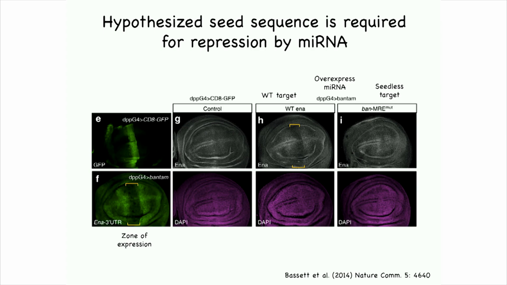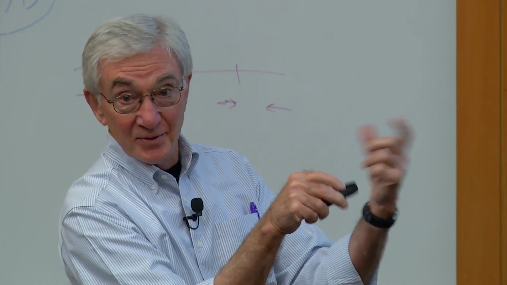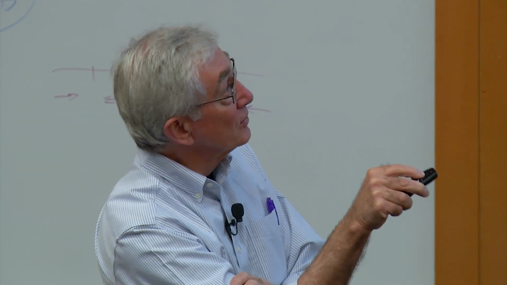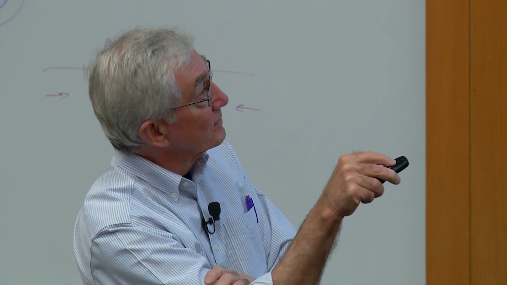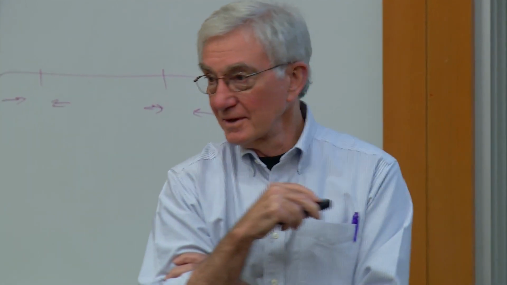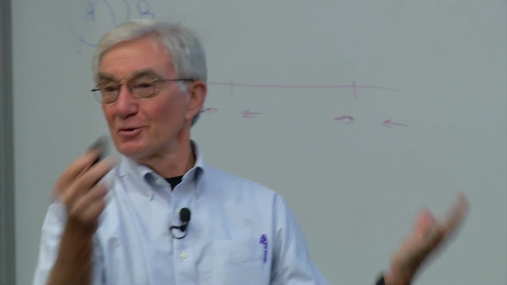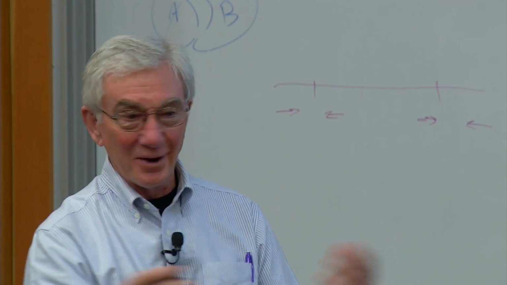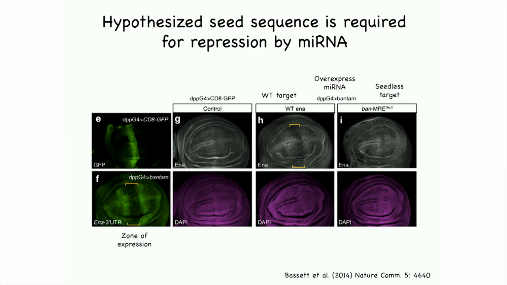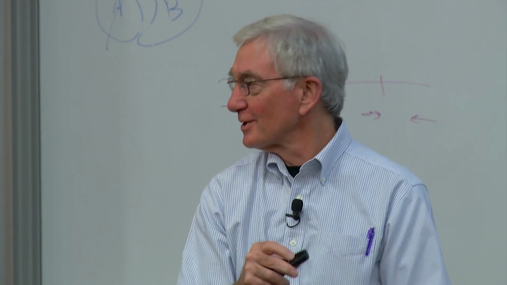But the version of ENA that has that sequence in the 3' UTR mutated so that the Bantam can't bind it anymore, you don't see that stripe of inhibition. The discouraging thing was that you didn't see an increase of the ENA product throughout the embryo. So we know from this that the microRNA can suppress expression, but we don't know that that's really functional.